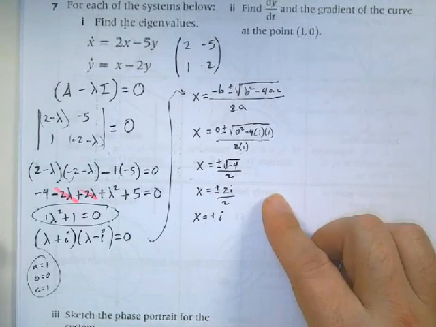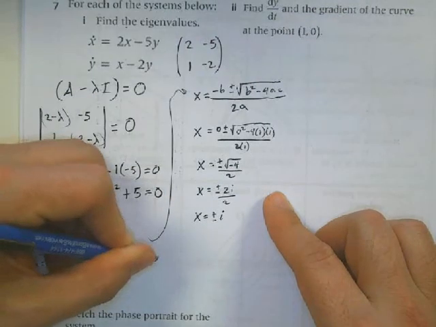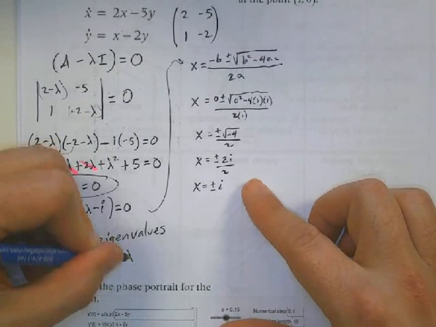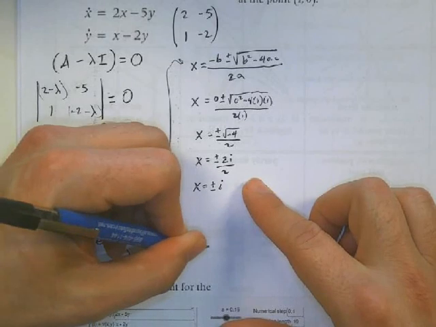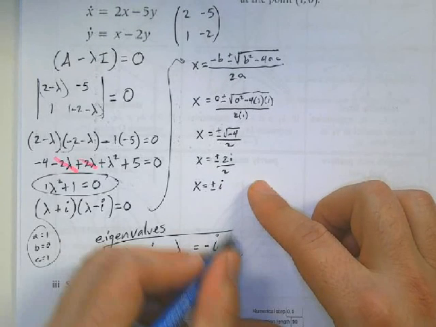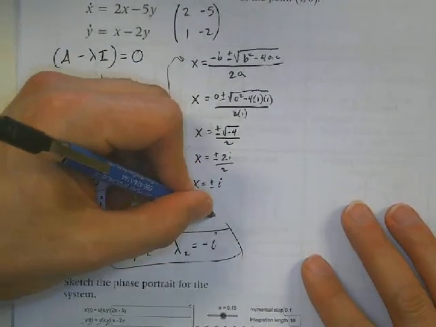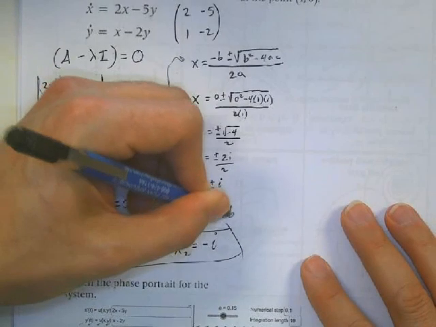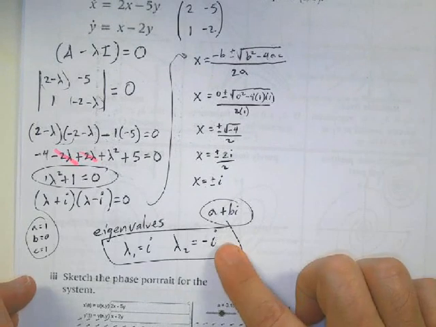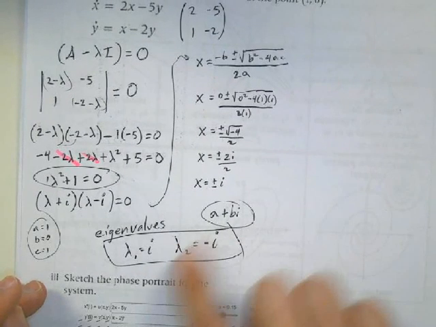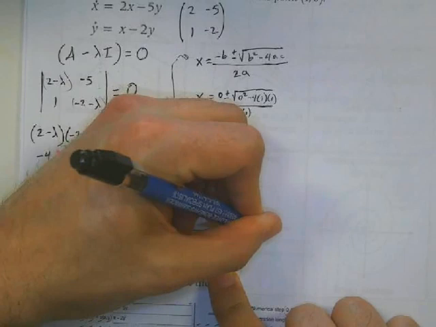Anyways, my eigenvalues are lambda equals i, and the other lambda equals -i. So since we have a plus bi as our relationship here, and there's no a here, there's no real part, so we know that a equals 0.